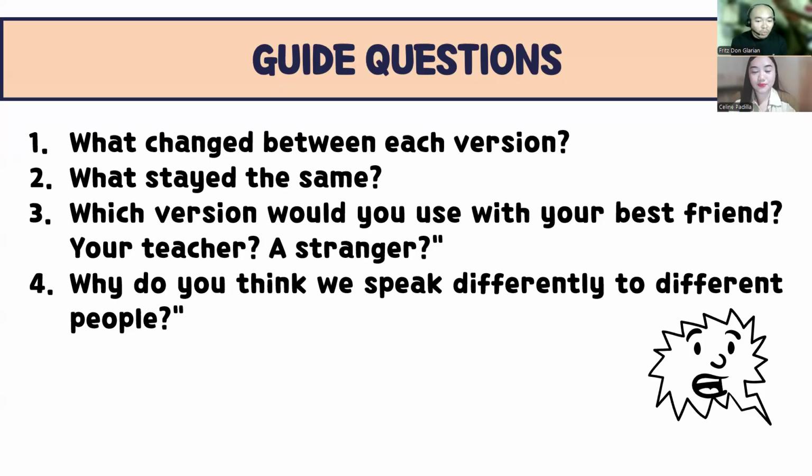Now, which version would you use with your best friend, your teacher, a stranger? Okay, very good answers. So, why do you think we speak differently to different people? Good thinking. This is exactly why today's lesson matters. We all do this naturally.